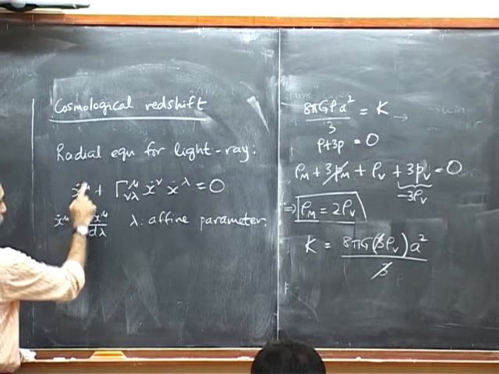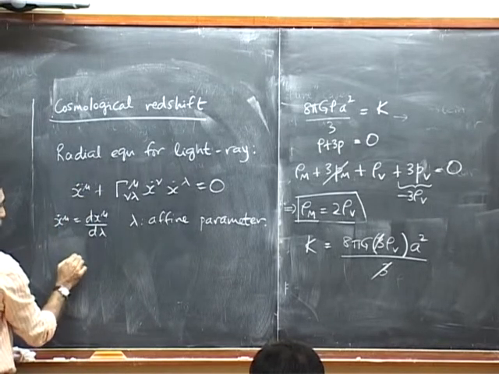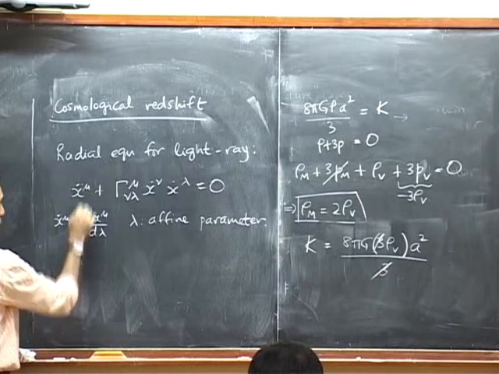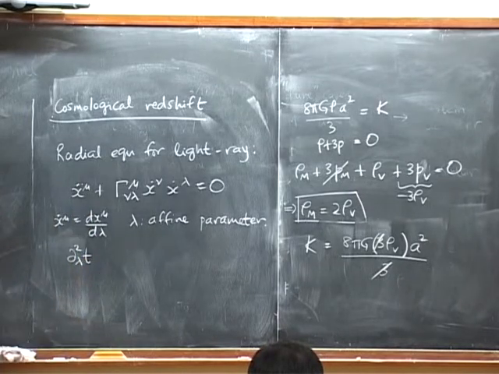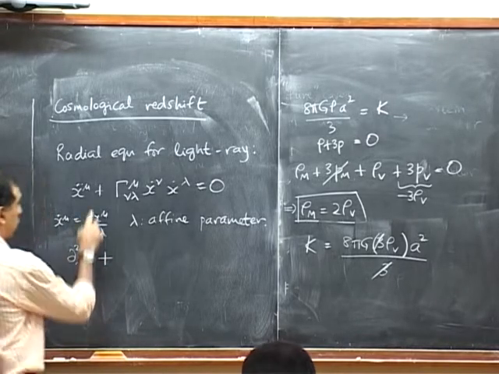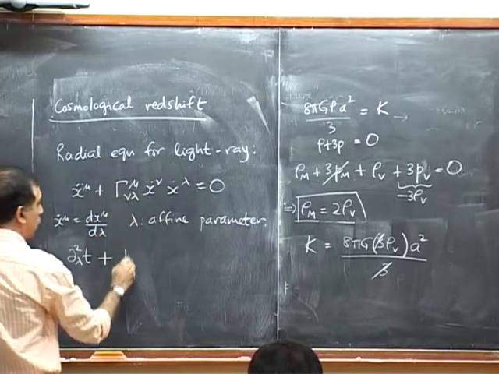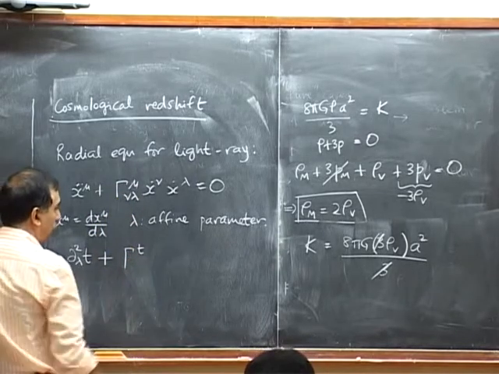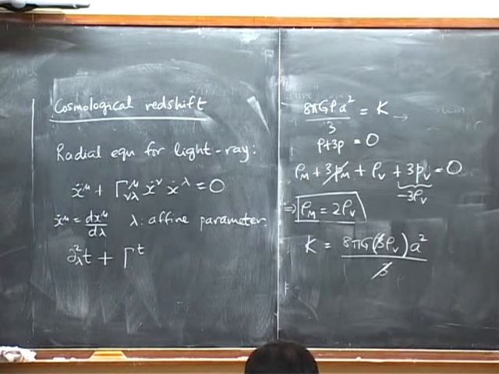This dot is not d by dt, so I will write it like this: d squared t by d lambda squared. Now t is a function of lambda, it's a trajectory, plus, since I have chosen mu equals 0, this is gamma t, and then two things here. Now in the FRW metric, which gammas were non-zero?